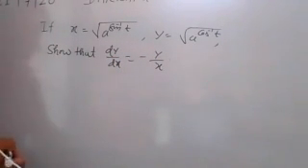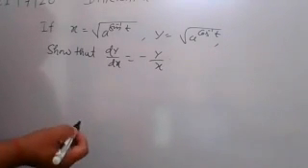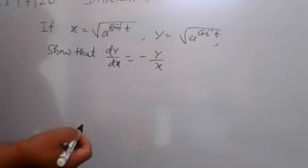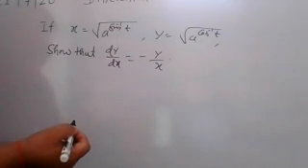You have to prove this result. And here you know the property of inverse trigonometric functions: sine inverse x plus cos inverse x is equal to pi by 2.